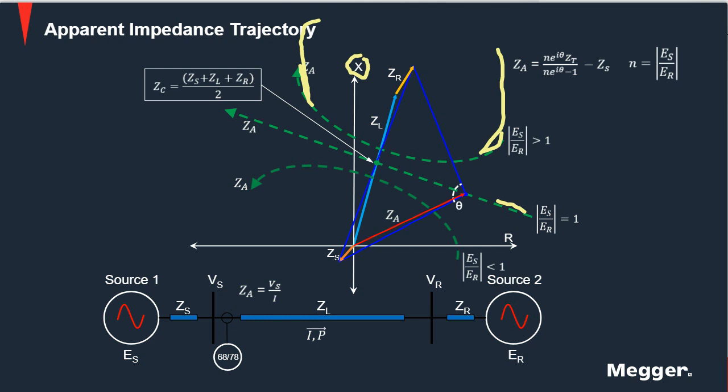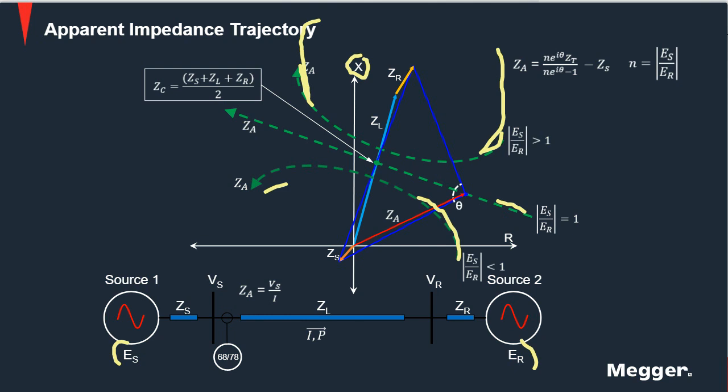And if the ratio of the sending source divided by the receiving end, remember this is ES and this is ER, so it's the voltage on this generator and the voltage on this generator, is lower than 1, then I have a group of circles, but they're going to be looking down. Why is this important?